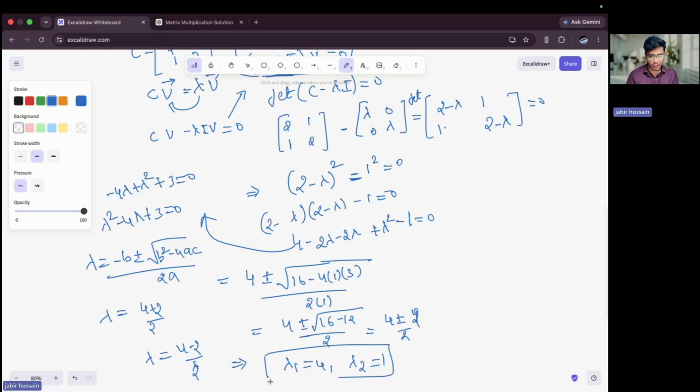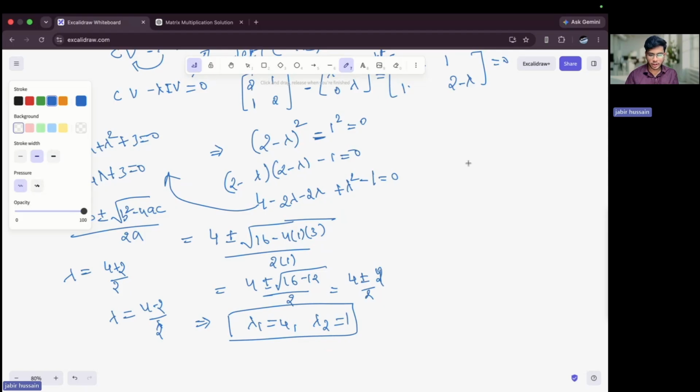I got two lambda values. Now if you try to put it here, the equation is (C minus lambda I) multiplied by v is equal to 0.